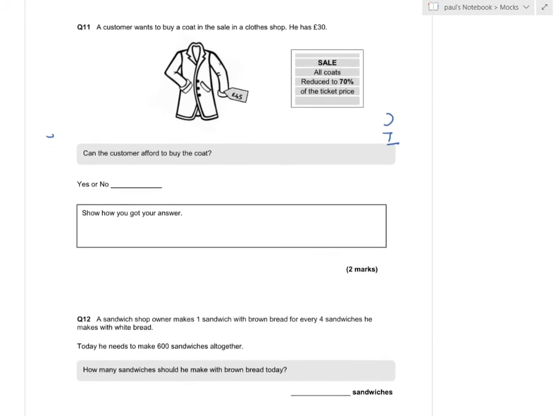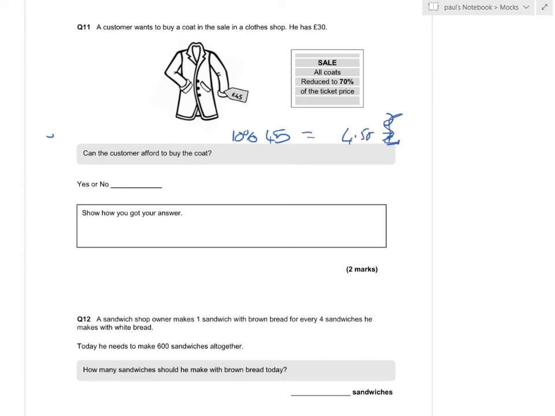A customer wants to buy a coat in the sale. He has £30. All coats are reduced to 70%. So we've got to find out what 70% of that is. So let's do 10% of 45 is £4.50.